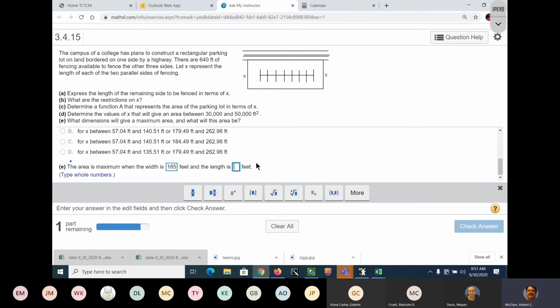Now they may turn those around because they may think this is the width and this is the length. So let's see. Okay, see, x is the length. So I need to switch that. No, I got it. I think I got it. Let's see.